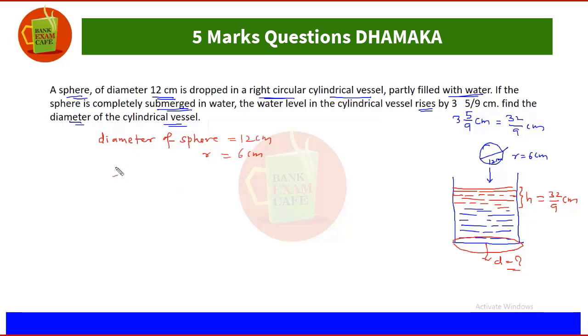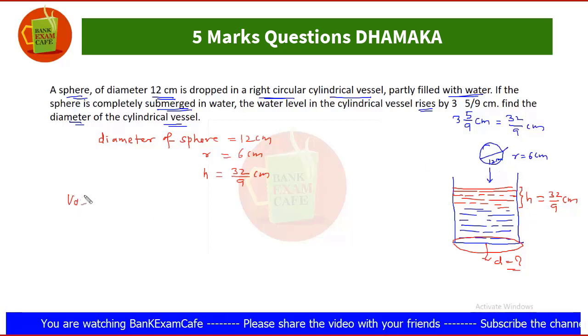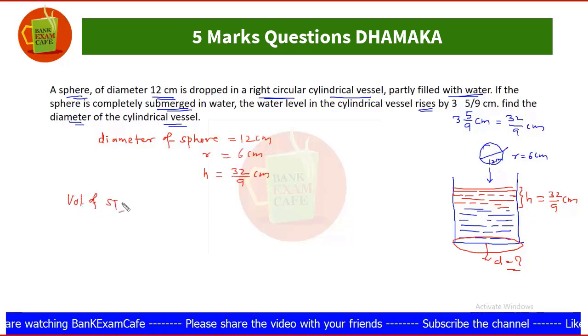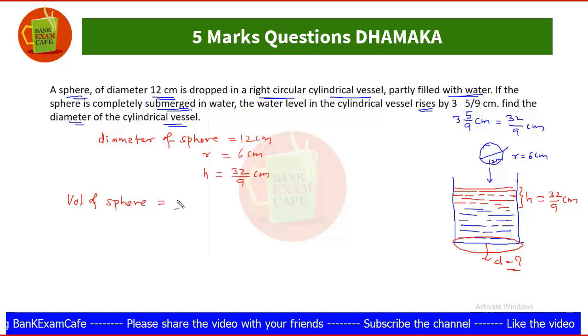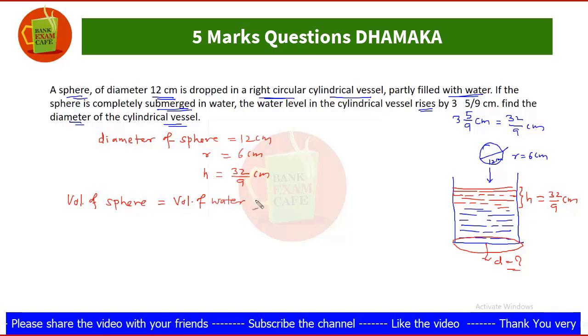Now here the height raised of the water, so height, that is equal to 32 by 9 centimeter, and we have to find the diameter of the cylinder. So here you will see that the volume of the sphere is equal to the volume of water displaced.